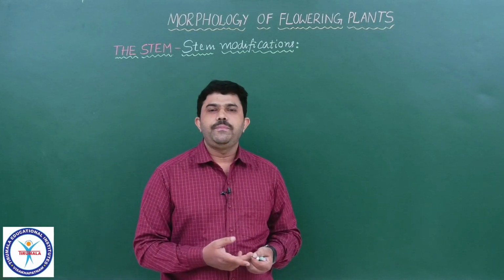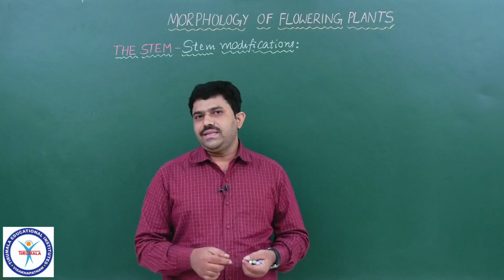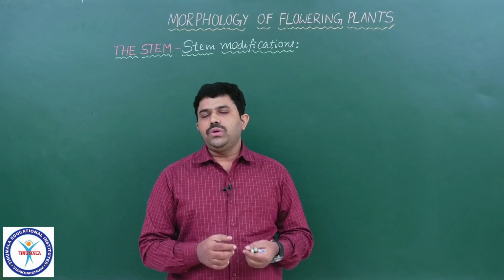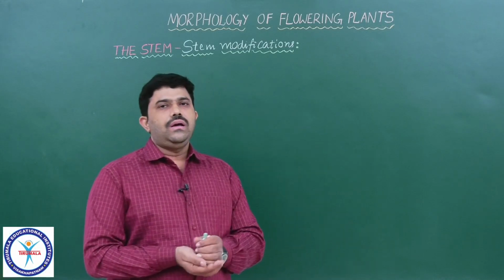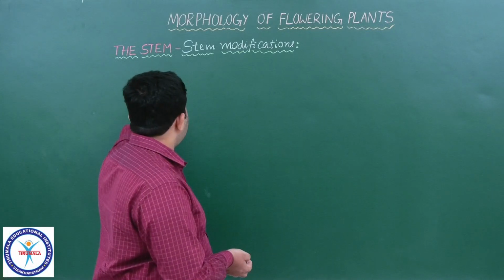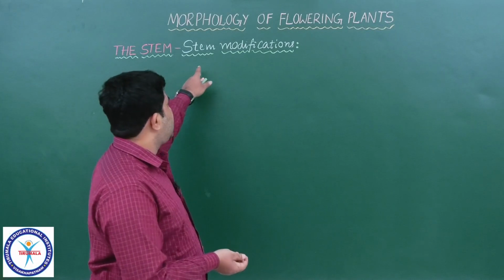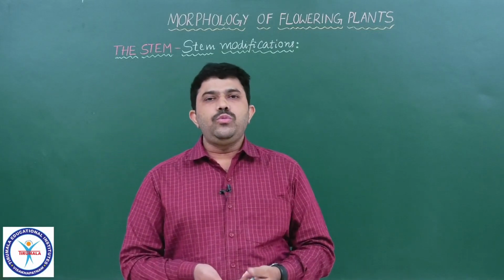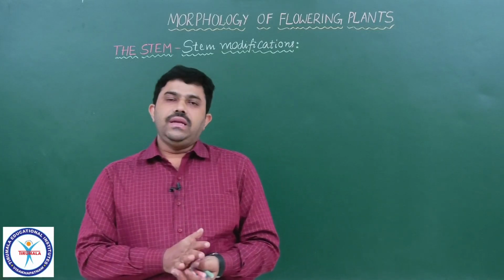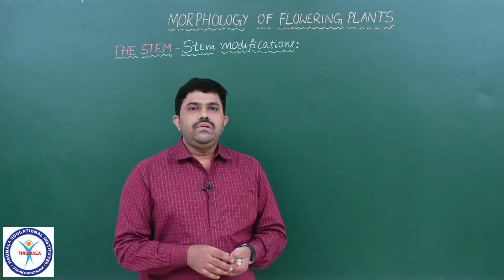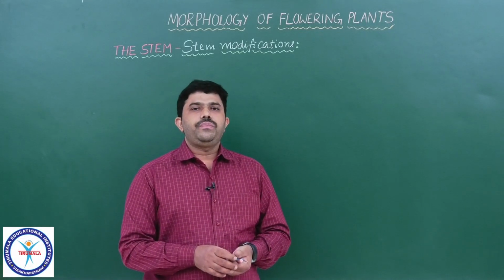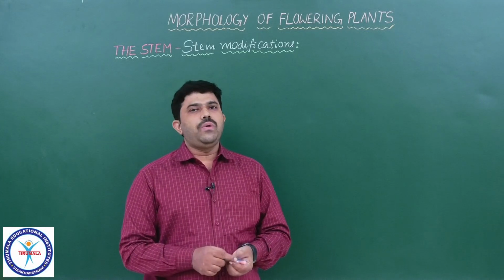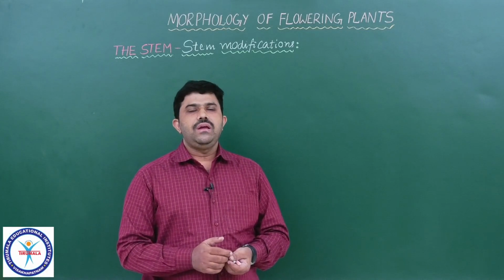Now in this lecture we will discuss another topic in this chapter, that is stem modifications. We already saw the root modifications. In the same way, we are also discussing stem modifications.